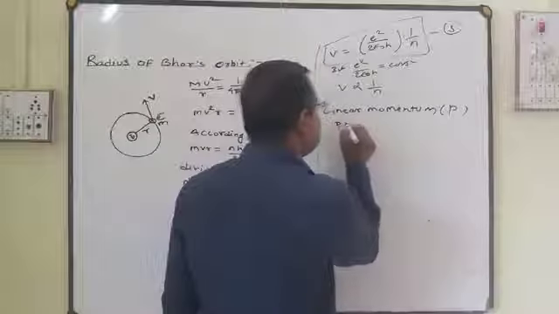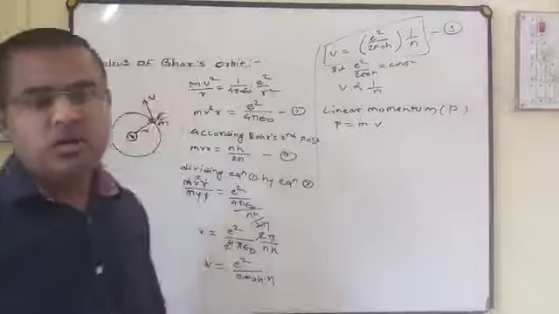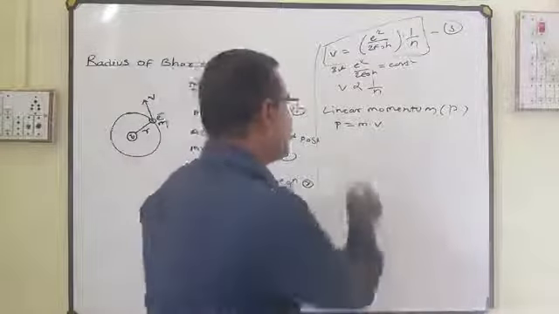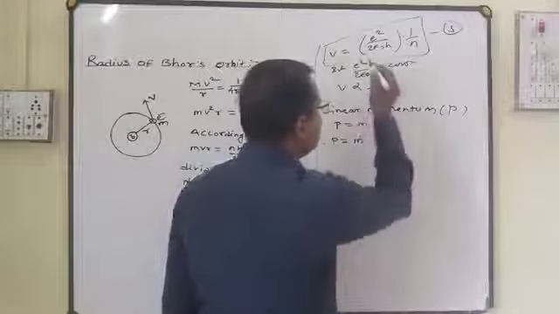Linear momentum p is equal to the product of mass into velocity, as we know that linear momentum is nothing but the product of mass into velocity. Therefore, p is equal to mass into velocity v.